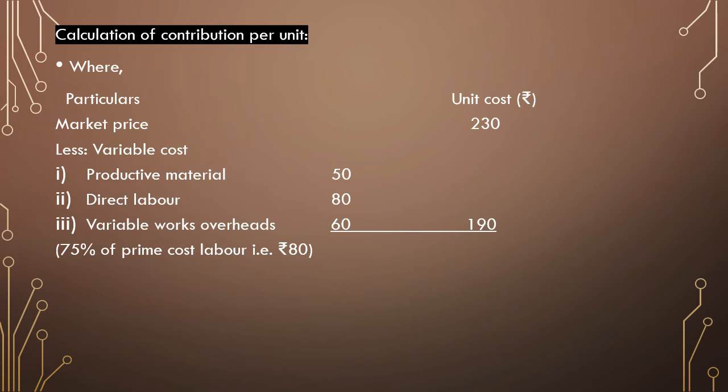Prime cost labor is nothing but our direct labor. So 75% of rupees 80, it will be rupees 60. By adding 50, 80 and 60, we can get our variable cost per unit, that is 190. By deducting it from the market price, we can get the contribution as rupees 40.